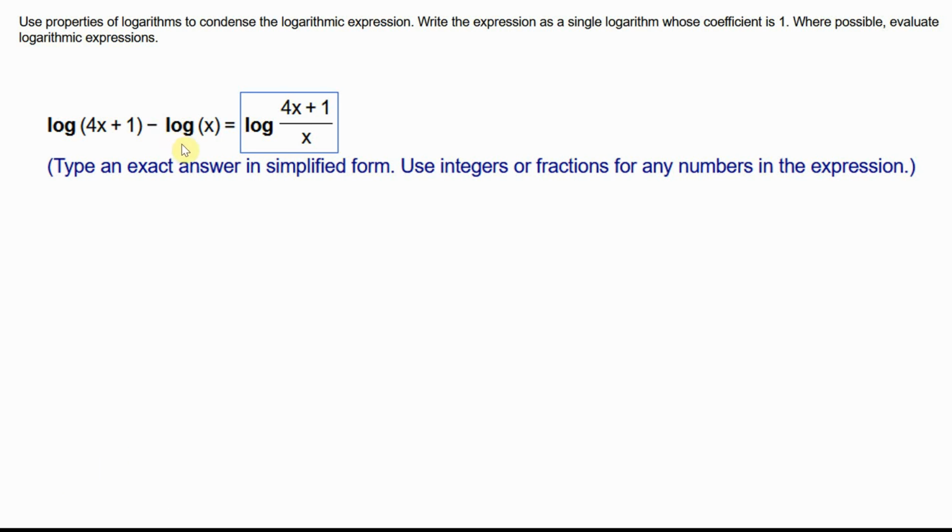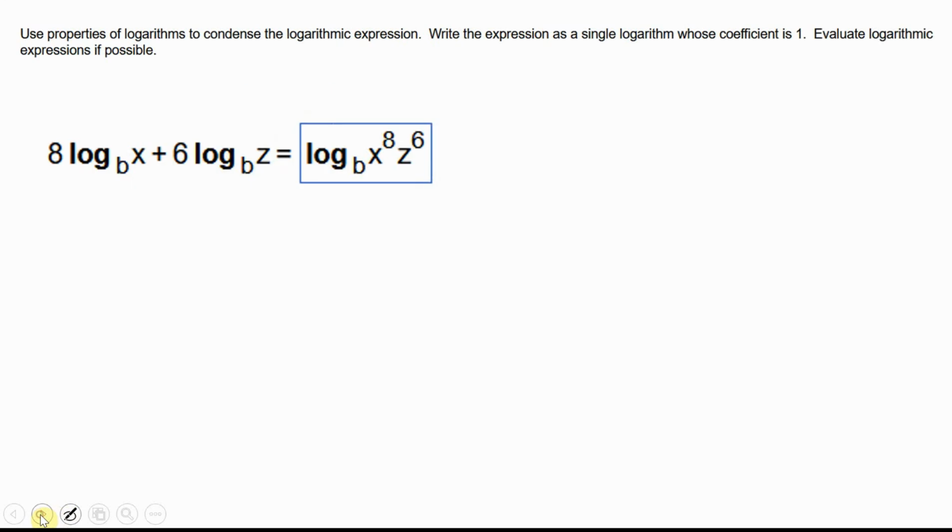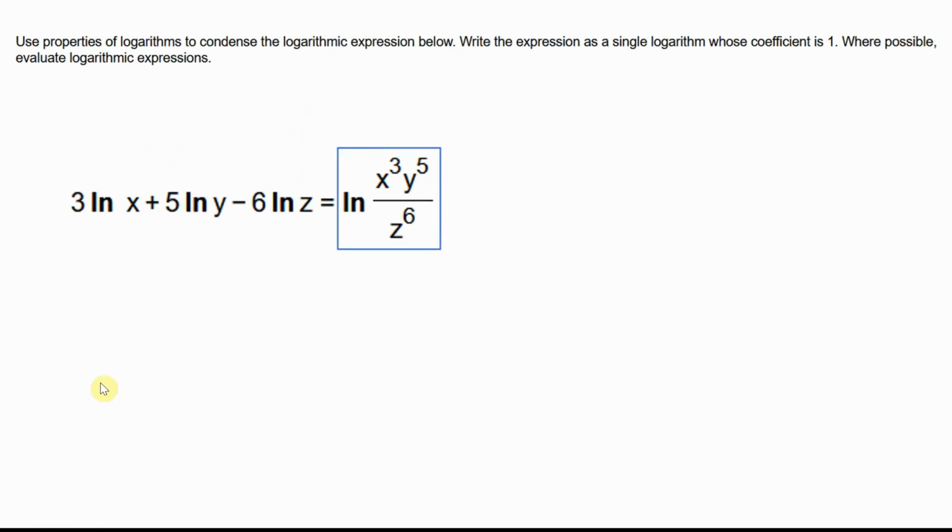Here we do the condensing. So minus means division, right? All right. Three things are going on. The multiplier becomes the power. Do that first.